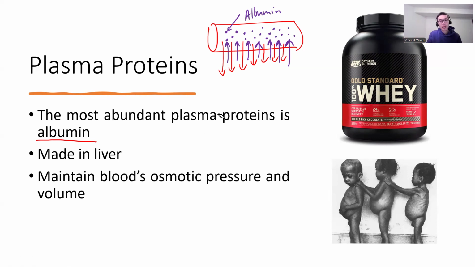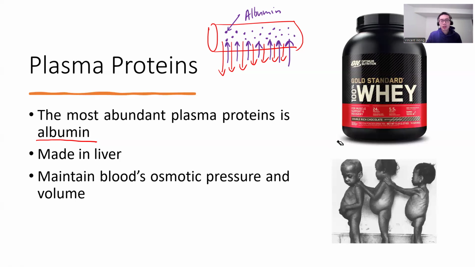So this albumin causes the concentration of the blood to be higher compared to the outside, and then it sucks the fluid into the capillaries. The albumin themselves are too big to leave the capillaries, so they will stay inside. And that creates the difference in solute concentration that will draw the fluid into the capillaries.